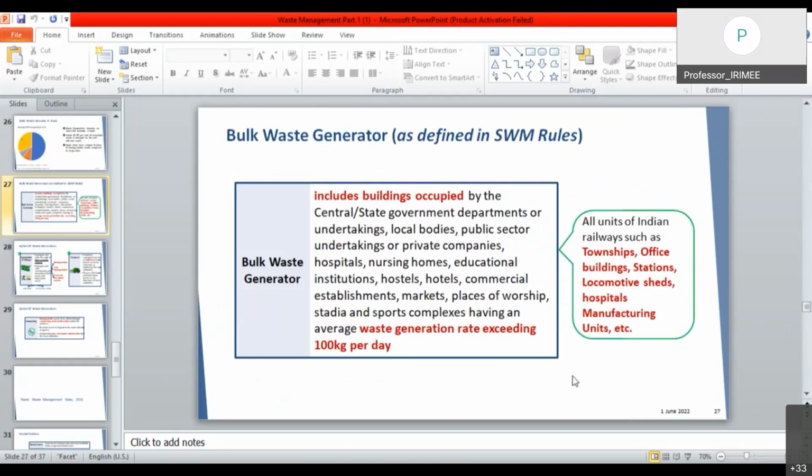As per solid waste management rules, bulk waste generators are defined.